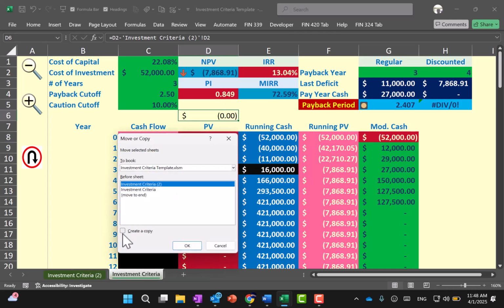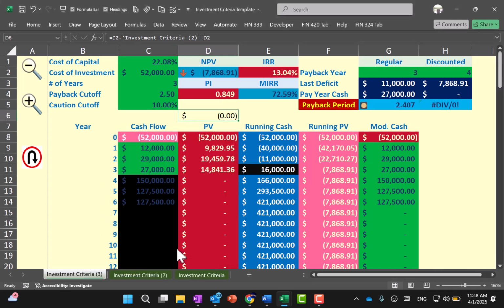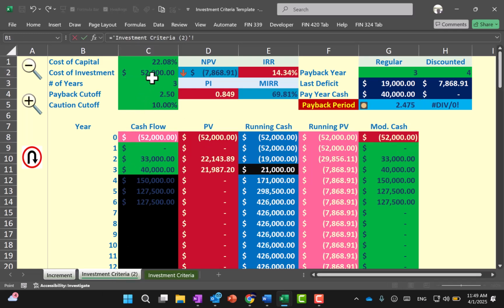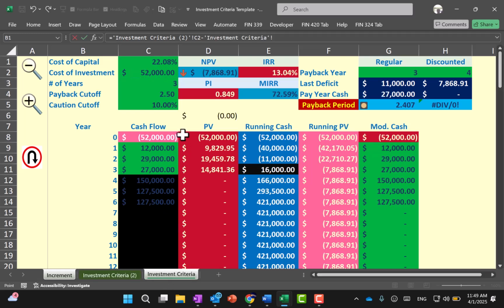Make a copy. I'm gonna call this cost of investment. They don't have to be the same. That's minus that.